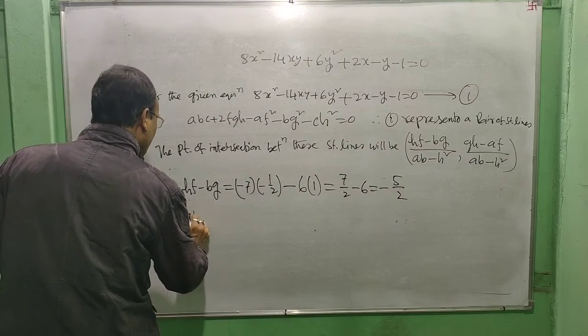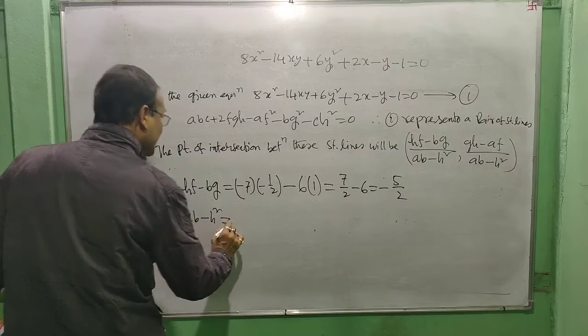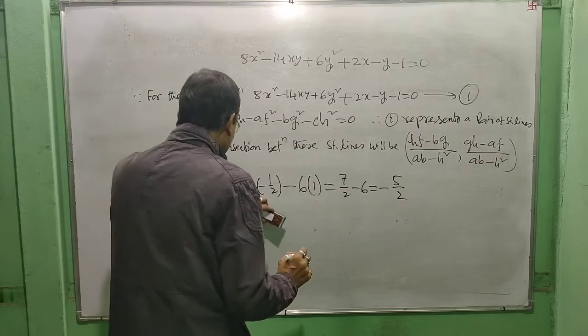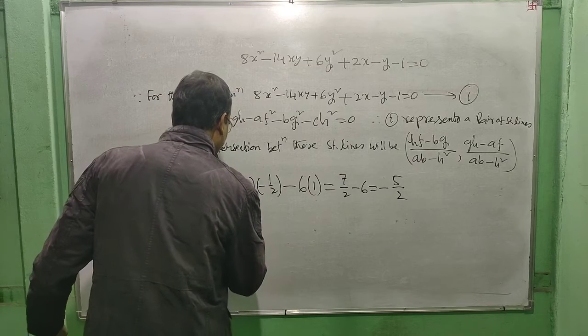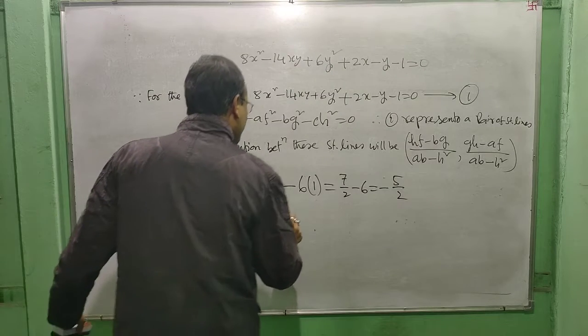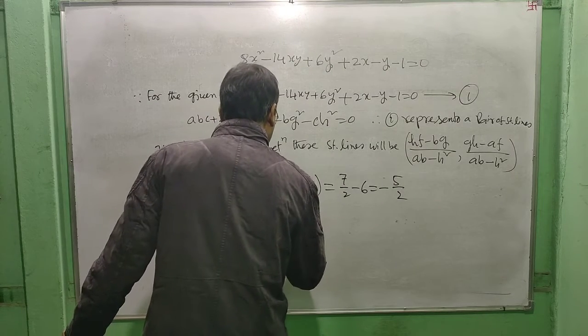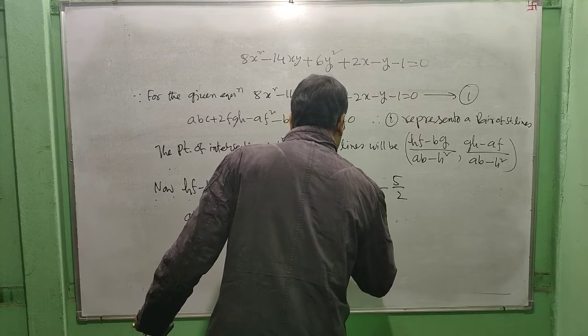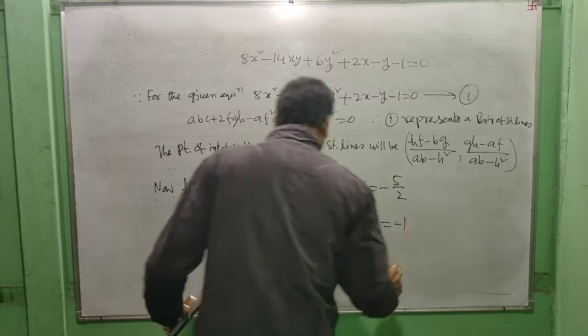AB minus H square equal to 8 into 6 minus 7 whole square, 48 minus 49. This is equal to minus 1.